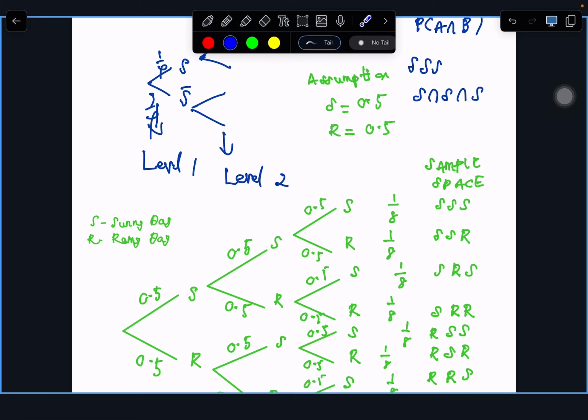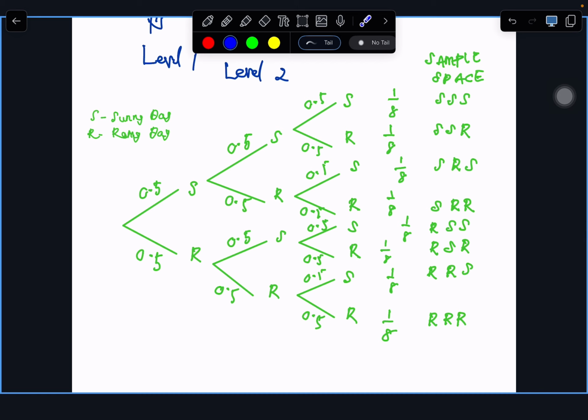And the last thing that can go wrong is you confuse which one we need to multiply and which one we need to add. Along the branches, we multiply. Like if you want to get SRS here, we go this one and this one, correct? Then we multiply along branches.